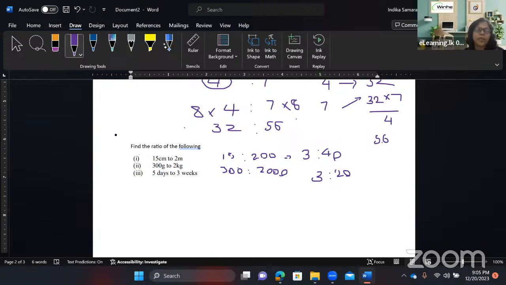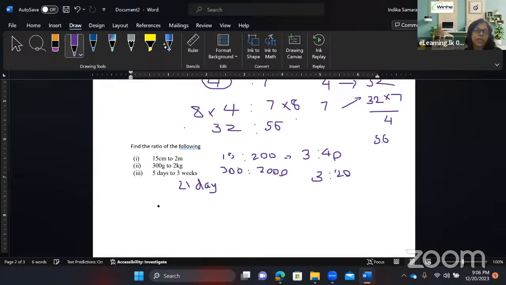Right. Third one, 5 days to 3 weeks. What is the ratio? Always make them the same units. 5 days, 3 weeks. So you can write it as how many days? 21 days.